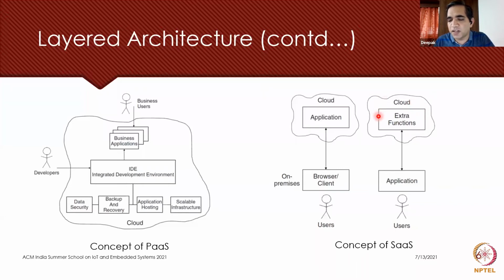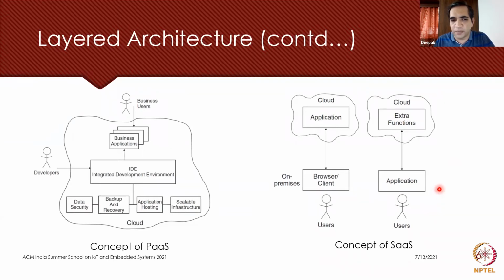There may be some other functionalities that are available also, that could be accessed from the cloud, that are not part of the application already. So there are some scenarios like this as well, where you can have the software as a service kind of setup.